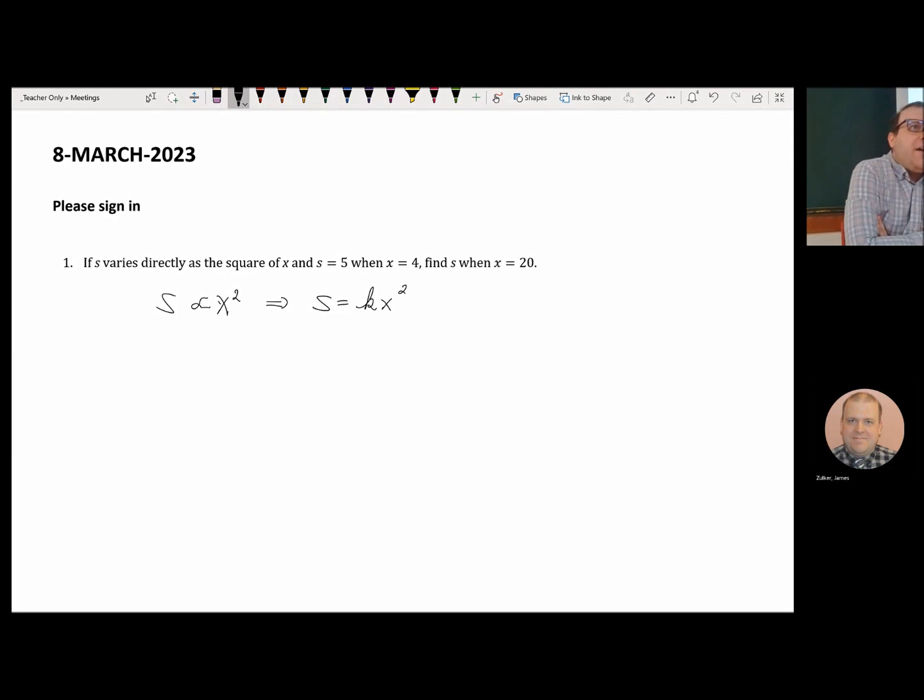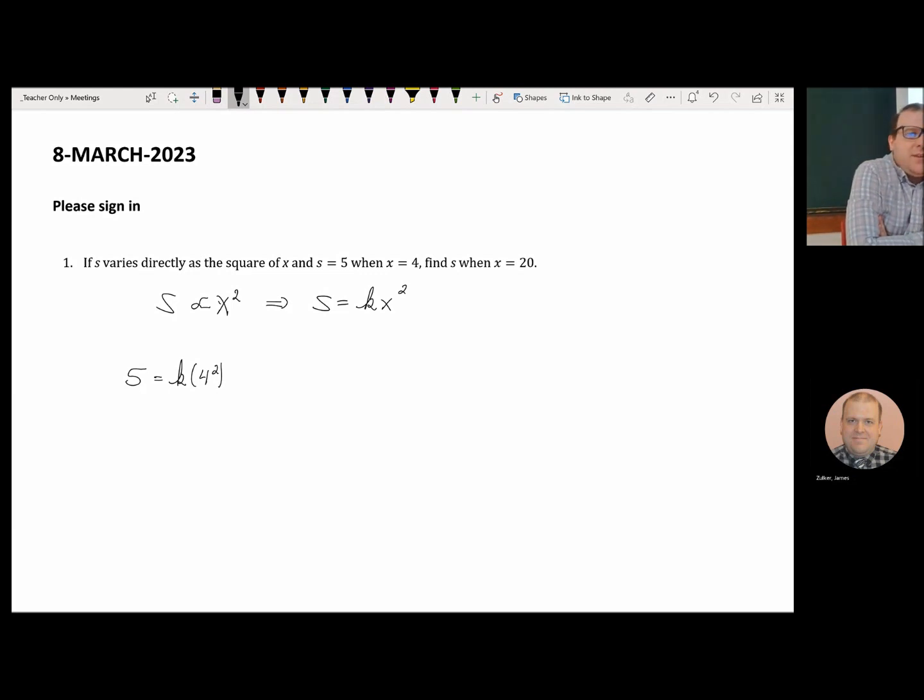It can only be found via experimentation. Well, in this case, we have the data point to determine it, because we're told S is equal to 5 when X is equal to 4.